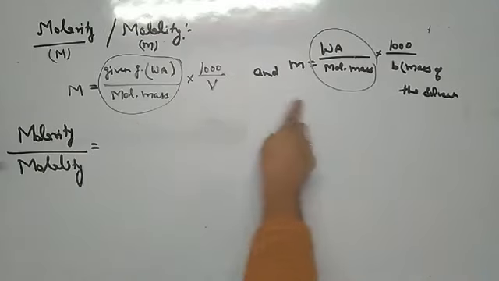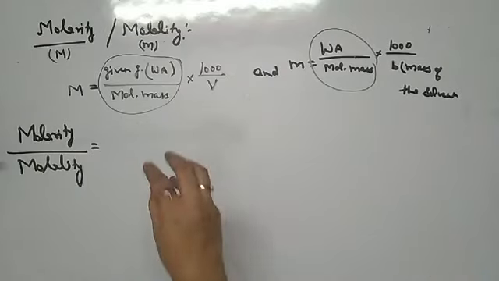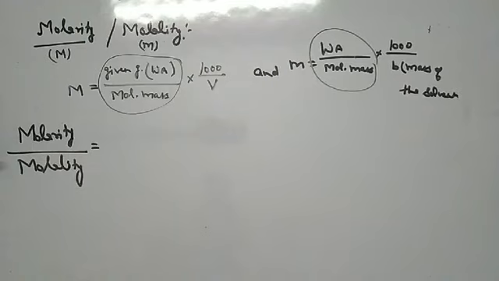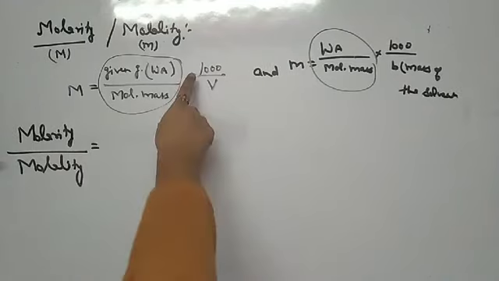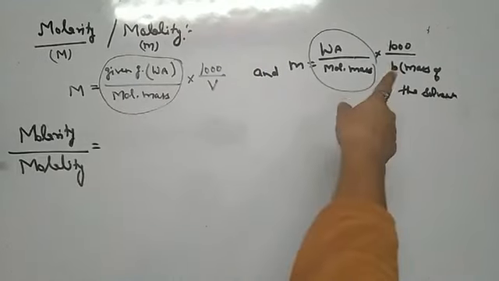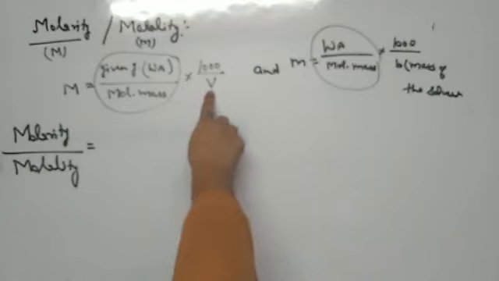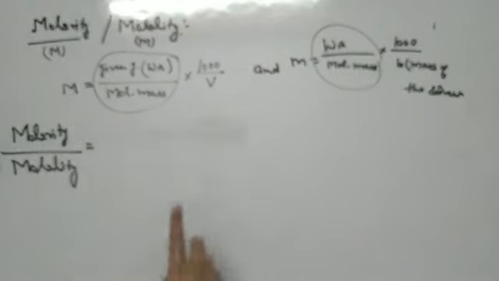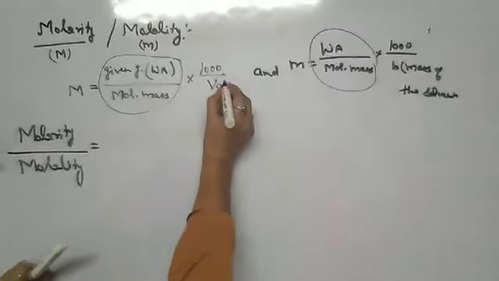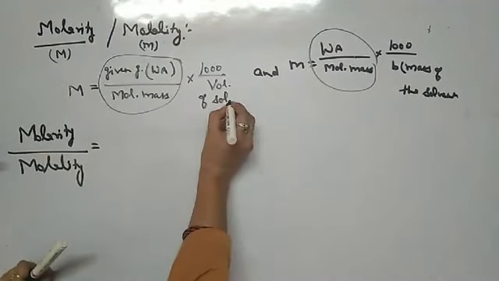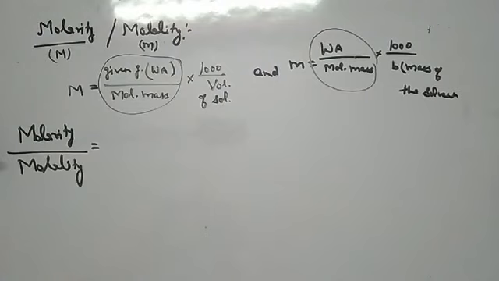The solute quantity, number of moles, remains the same. Is it clear or not? And this 1000 is the same, present in both formulas. Now what will be the difference between molarity and molality? Only the volume and the mass of the solvent. Here you take the total volume of the solution. Is it clear?